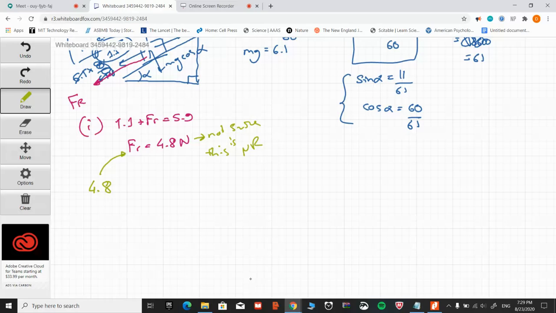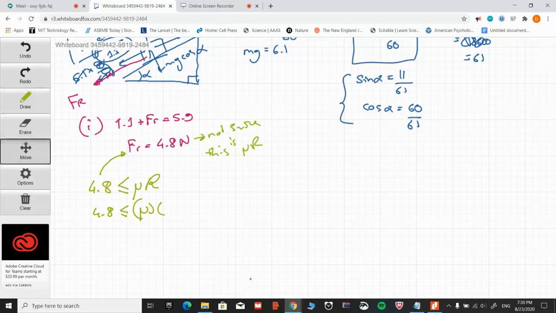So 4.8 was not the maximum possible friction. So can I not say that 4.8 is less than or equal to the maximum possible value, right? So 4.8 is less than or equal to mu into r.